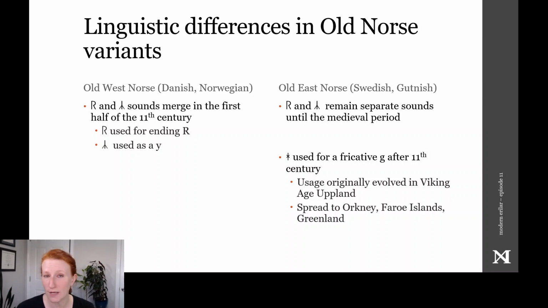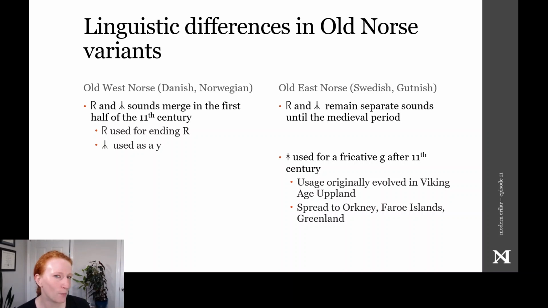Magnus Källström pointed out that the stung kaun rune fulfilled the same function, but suggested that either this practice of using the star rune actually predates the introduction of the stung runes in the late 900s, and the inscriptions simply haven't survived for us to have recovered, or that the use of the star rune for the fricative G developed in areas where the stung or dotted runes were not yet used, such as in the provinces of Norrland, where stung or dotted runes were unknown during the Viking Age.